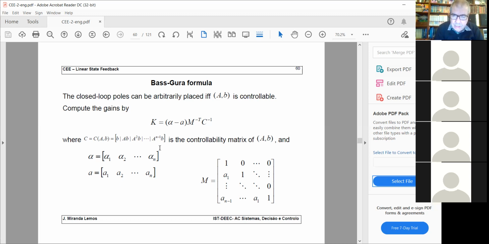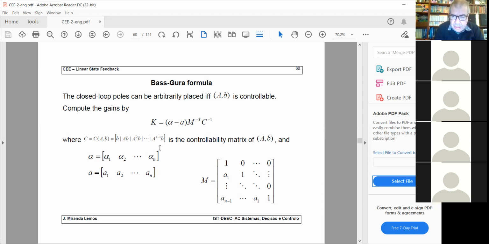You have various equilibrium points, and around some of these equilibrium points, the system becomes open loop unstable. So you want to stabilize it, that is to say, you want to position the poles in the left half plane.